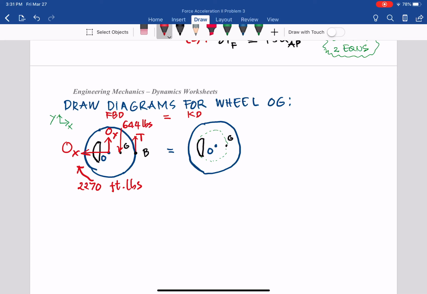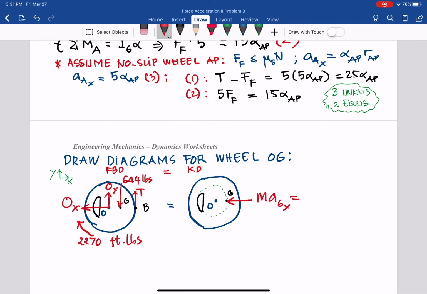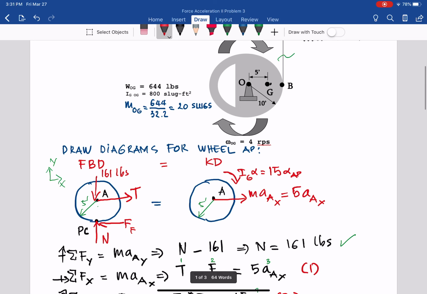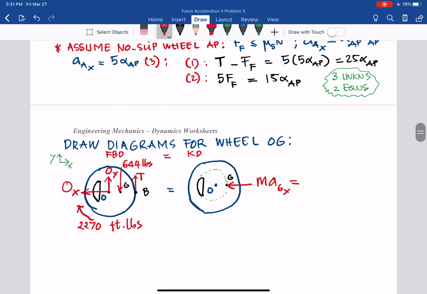So you have MAGX, and in that case, M equal to 20 for OG, so it will be 20 AGX, and just put point B outside there.